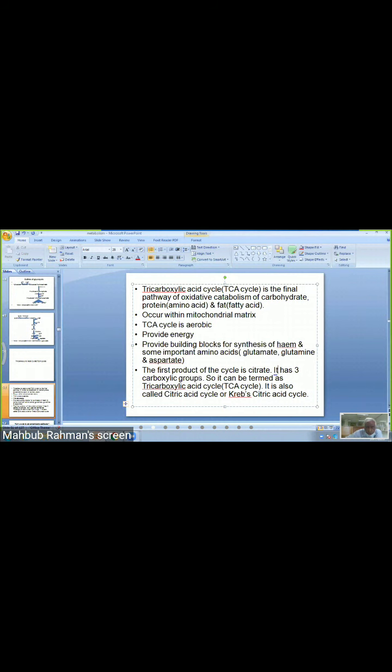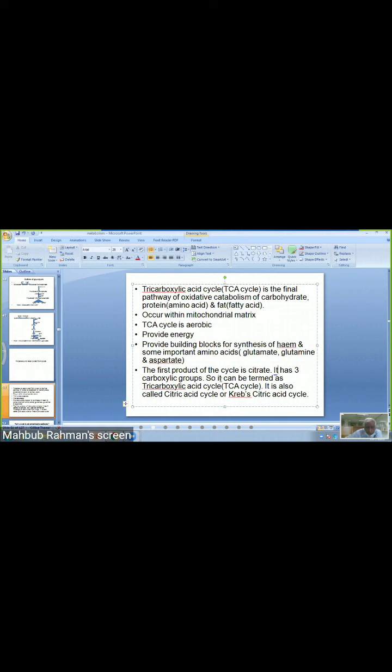We are not going into details of the chemistry, but if we analyze this citrate, or citric acid, we find citrate has 6 carbons. Of these 6 carbons, 2 come from acetyl-CoA and 4 come from oxaloacetate.